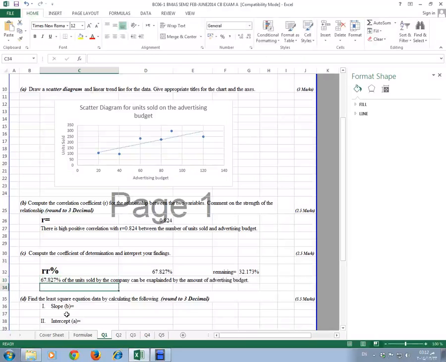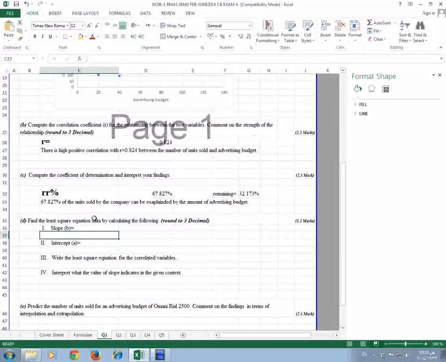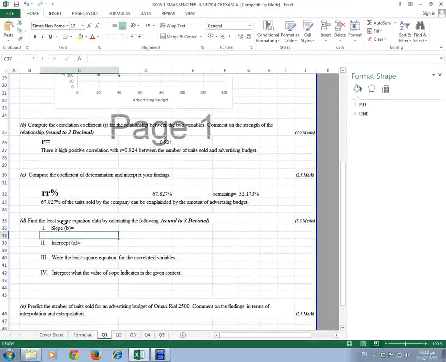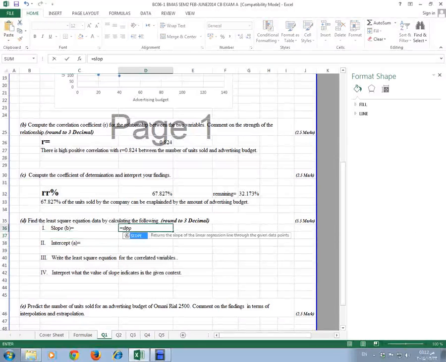The next question is find the least square equation. The least square equation has another name, which is the regression equation or best fit line equation. The two parameters or constants we need to calculate are the slope and intercept. To calculate the slope, we write equals SLOPE and double click.